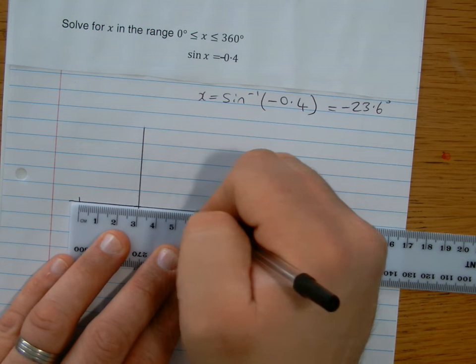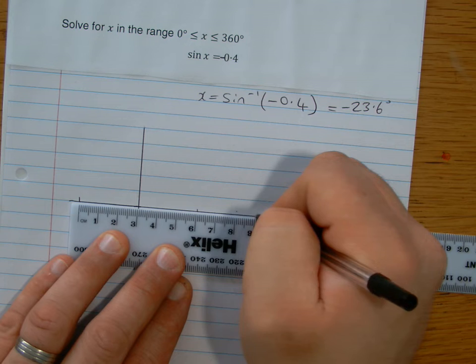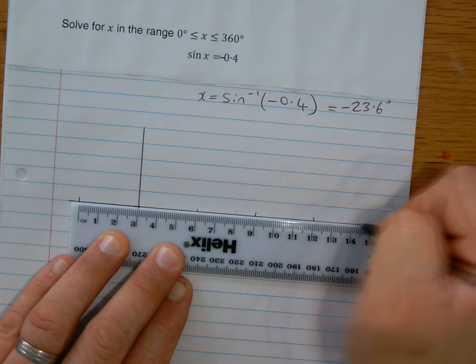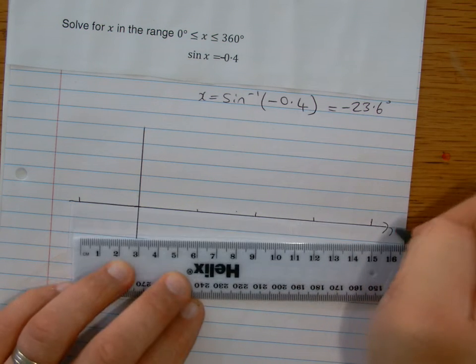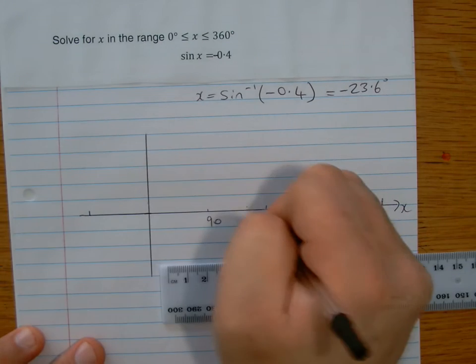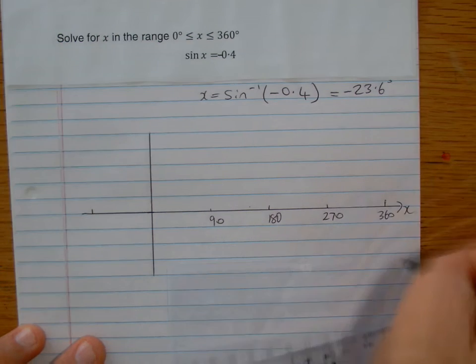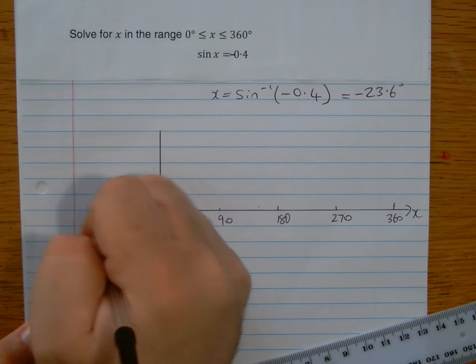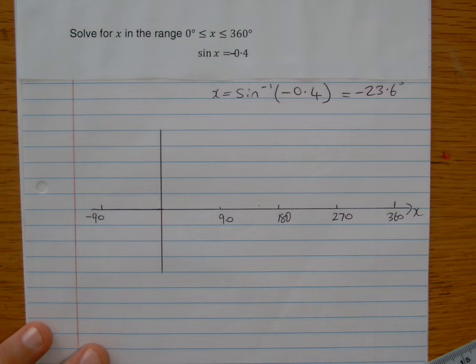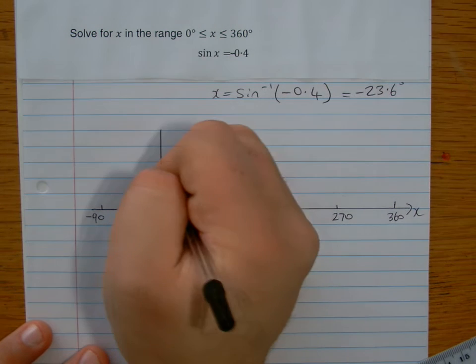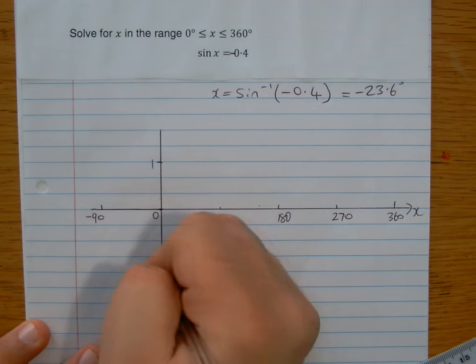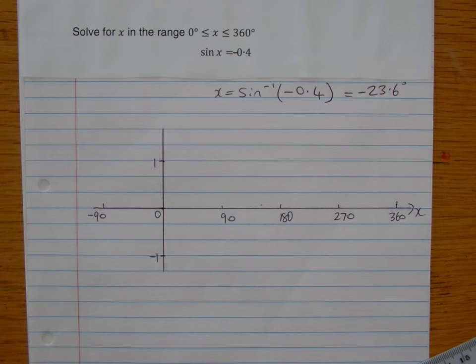So we've got 3 there, and then another 3, 3, 3, and so on. So we've got 90 degrees, 180 degrees, 270 degrees, 360 degrees, and go back then to minus 90. 0 there, 1 here, and minus 1, because the sine graph goes between minus 1 and 1.